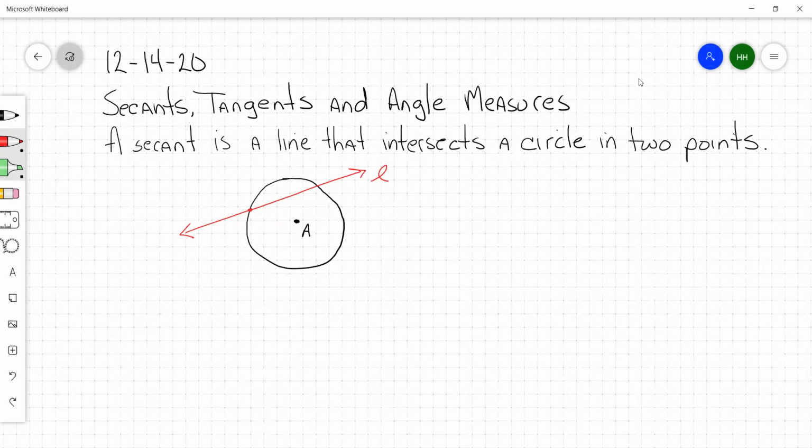So secant L here intersects circle A at points X and Y. We can draw another one right through here. Secant M intersects circle A at points C and D. All right, got the idea of what a secant looks like?